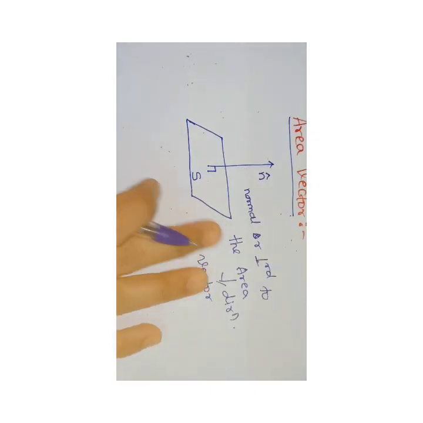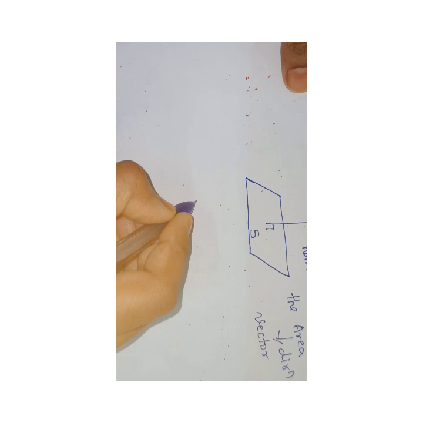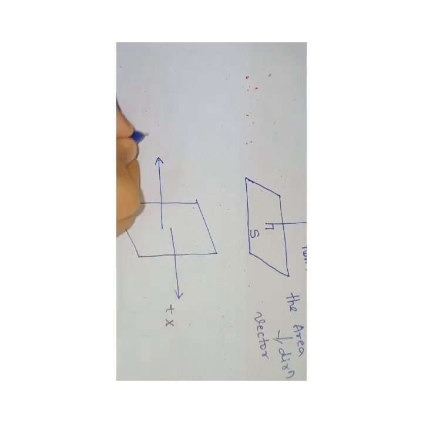Clear? Suppose I place the area in this manner, so how will the direction be? Either this way or it might be this way. This is either your plus x side or minus x side.